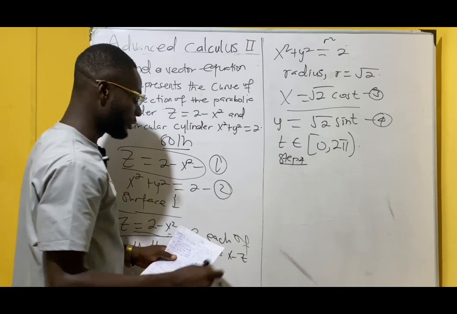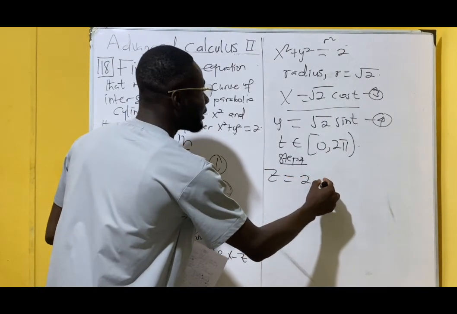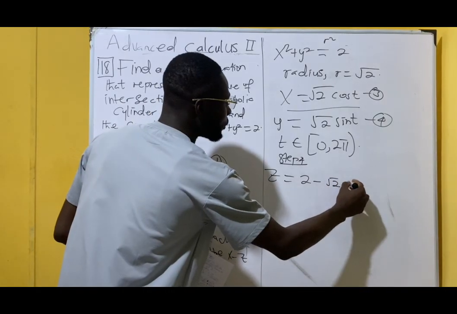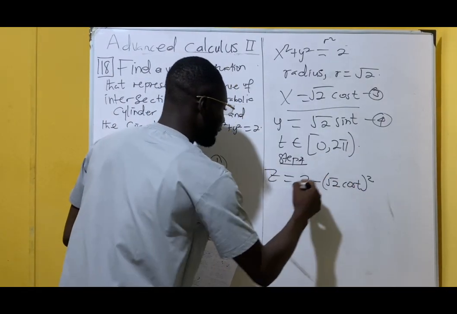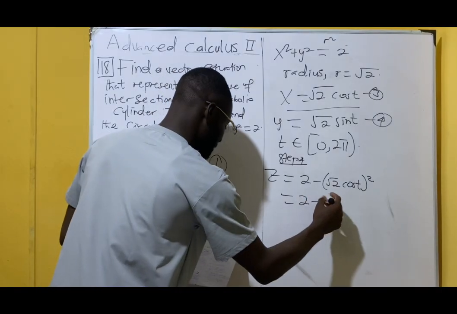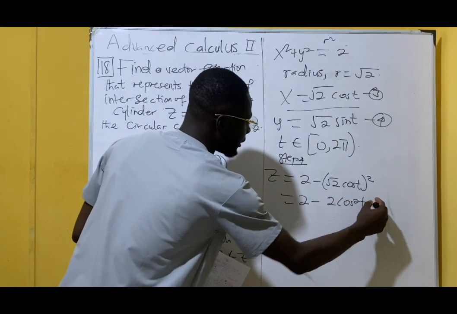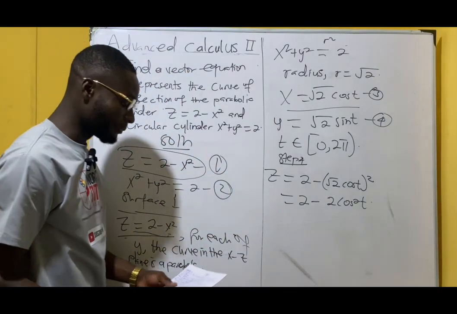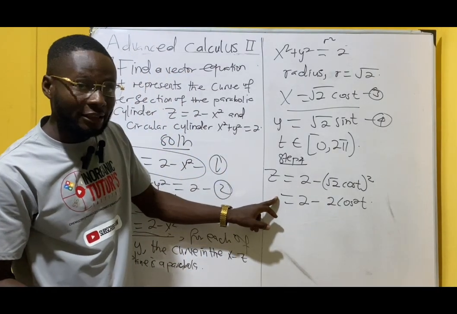So when we do that, we have z equals 2 minus square root of 2 cos t all squared, so we have 2 minus 2 cos squared t. This becomes our z component.